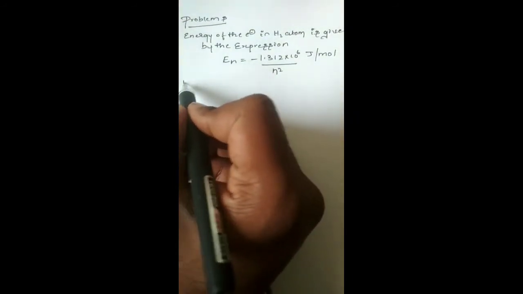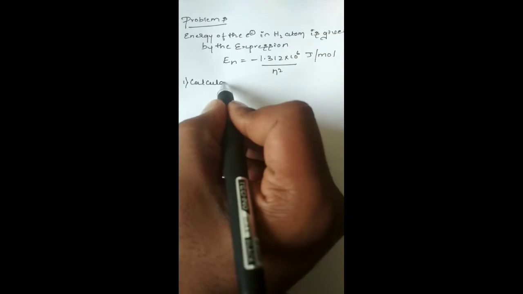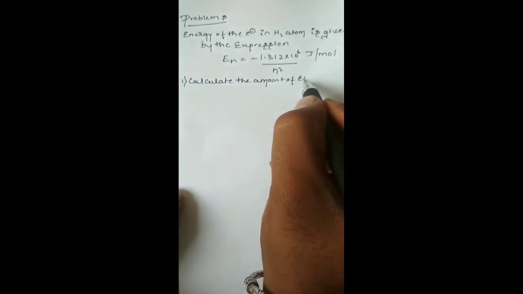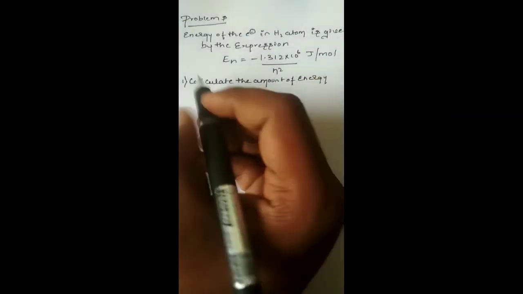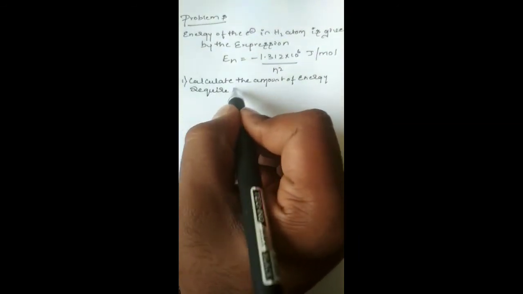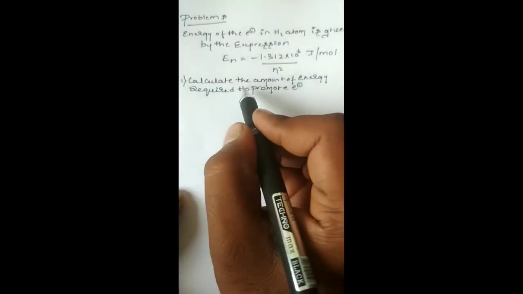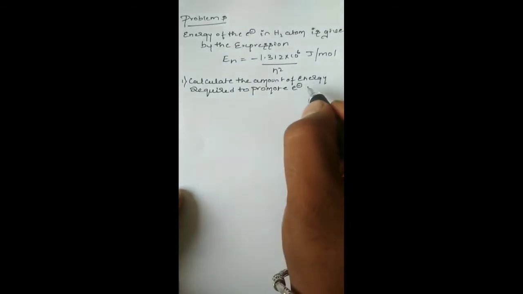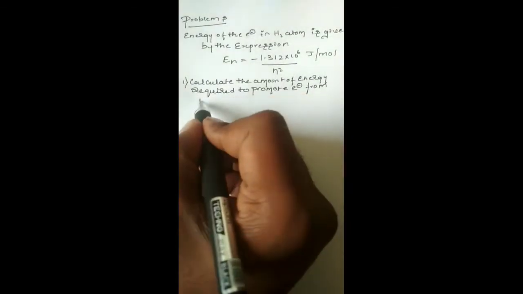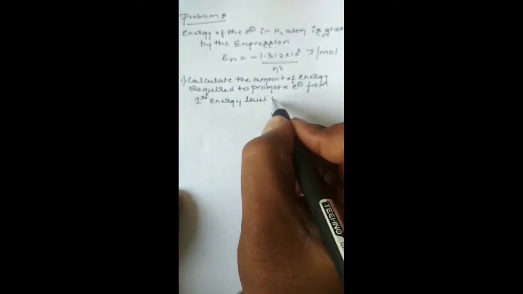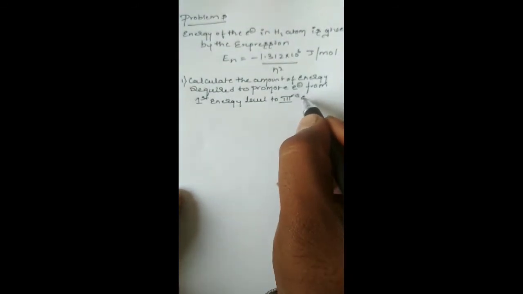Now we are going to solve the problem. First problem: calculate the amount of energy required to promote electrons from the first energy level to the third energy level.